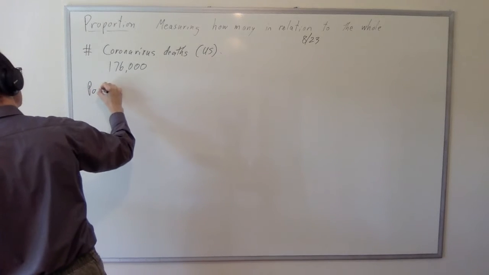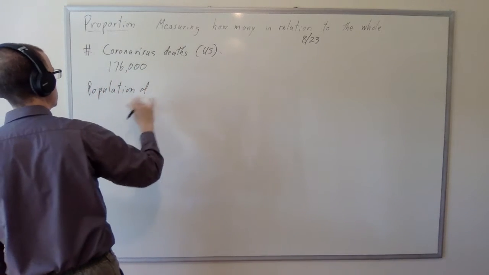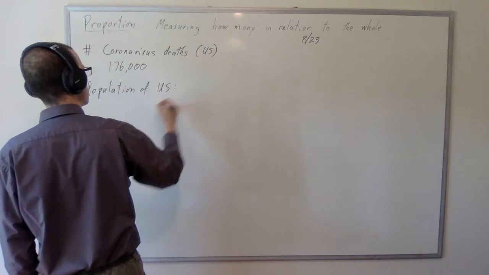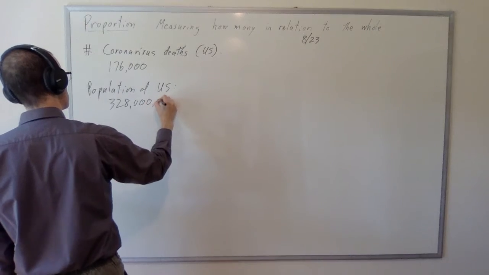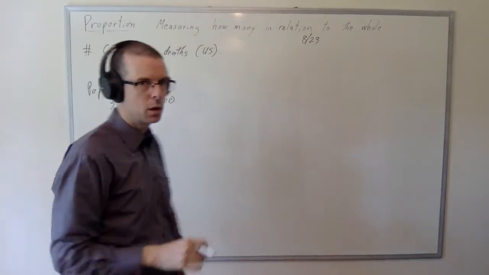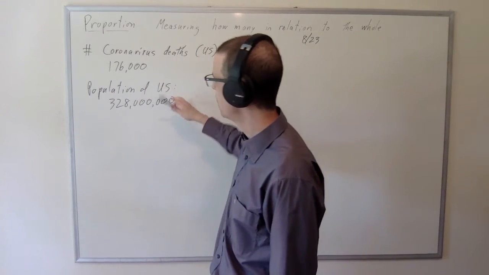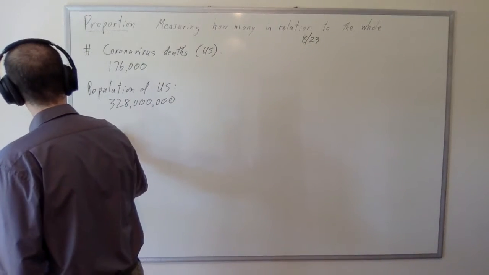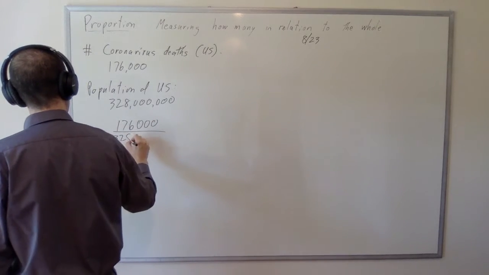The population of the US at the moment, this is also a variable. It changes less quickly than this, but it's also variable, is about 328 million. Again, that's an approximation. This is the part and this is the whole, and we can use these two numbers to create a proportion. And so we get 176,000 over 328 million.